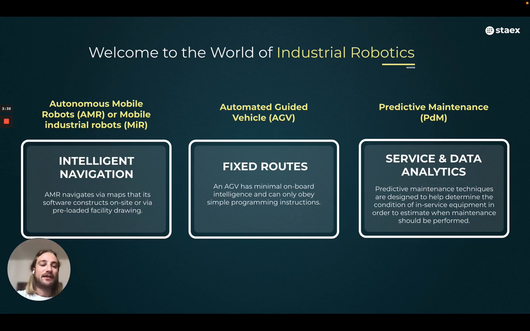And now the last component in the world of industrial robots is predictive maintenance. Because these robots are hard to connect to currently, there are incomplete data sets and telemetry information that is not able to be gathered from the robots when they're in the field after they leave the robotics manufacturer. The services and data analytics require large, more complete data sets that provide a larger overview of how the robot is performing.